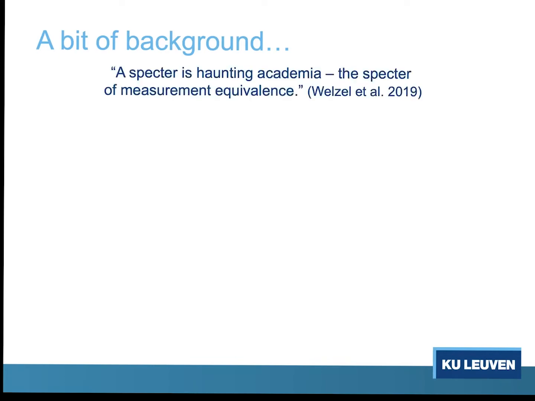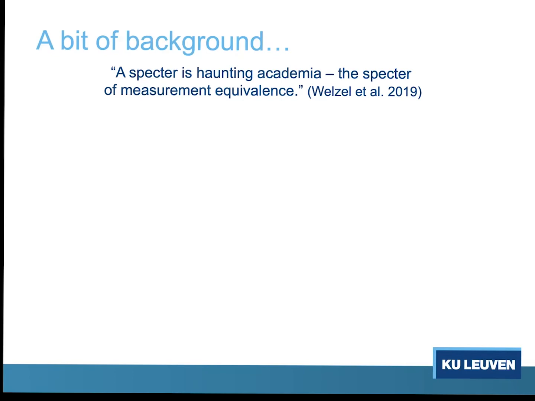One very notable critical voice has been that of Christian Welzel, who presented in the seminar series earlier, and who has written with several colleagues a number of papers where they quite heavily criticize the practice of invariance testing. Here I took a quote from a paper in 2019 where they maybe use a bit of hyperbole, but say: the specter is haunting academia, and it's a specter of measurement equivalence.